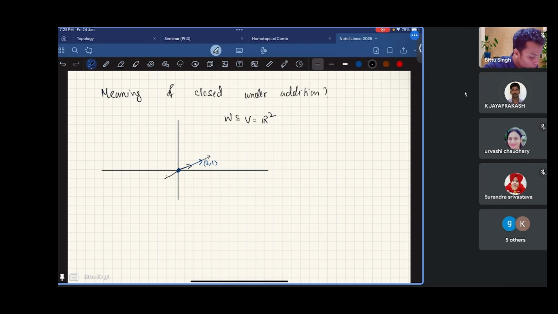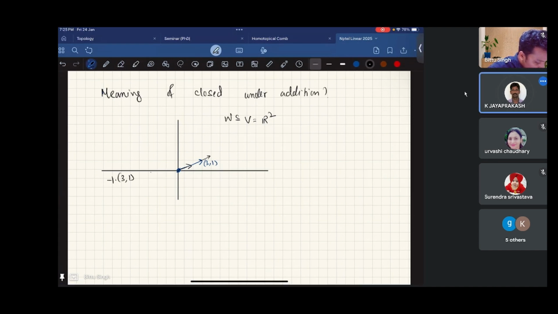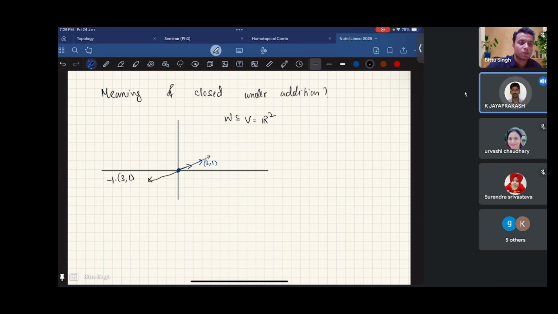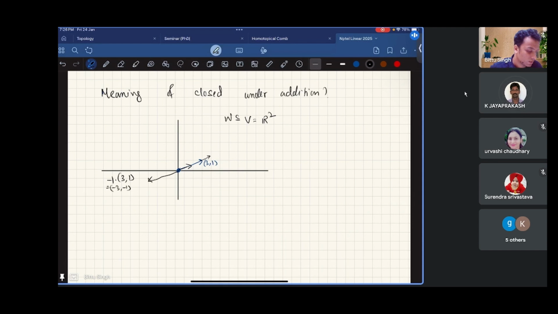For example, multiply -1 times 3, 1, and it will be -3, -1. If you scale by all such real numbers, then this line will be the possible thing, right?